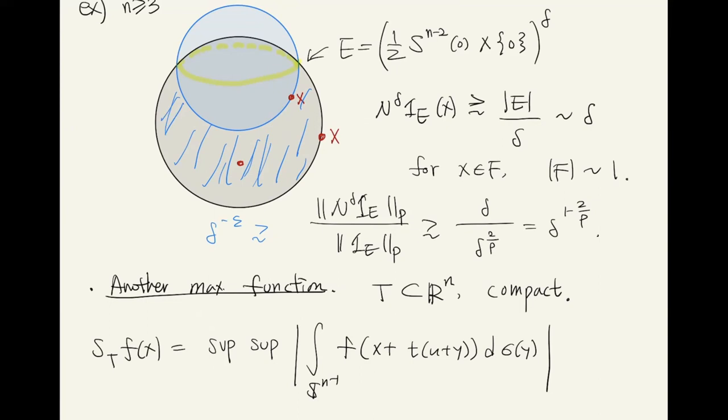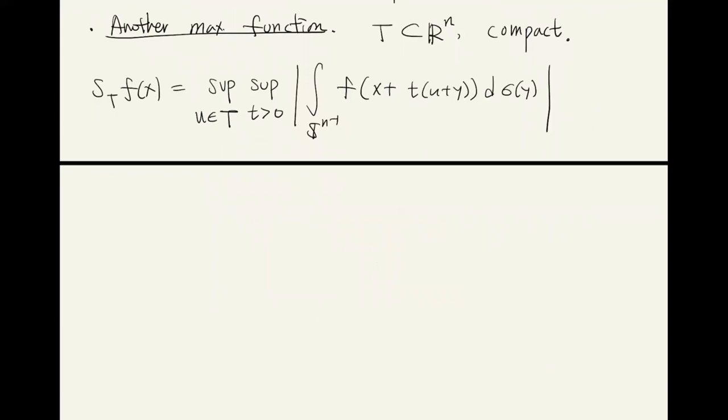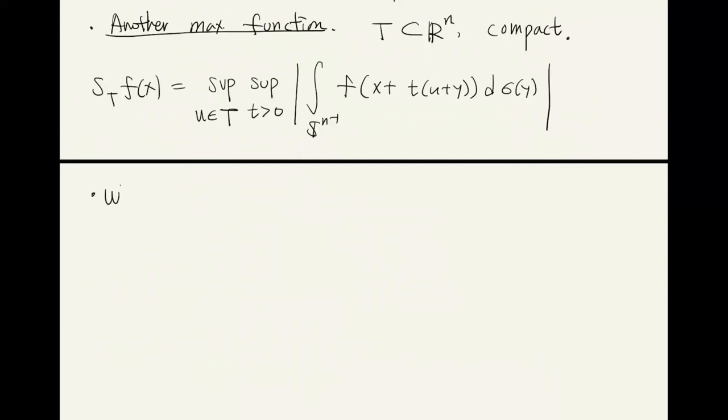So the supremum is taken over all the radii t, and the supremum is taken over the translation parameter u contained in the set T. When the set T is the set containing only the origin, then we see that this is the spherical maximal function.